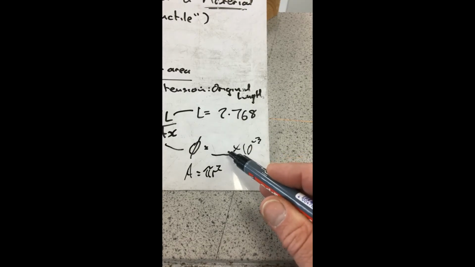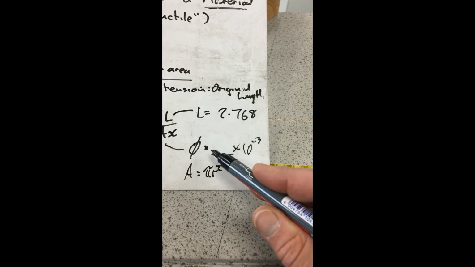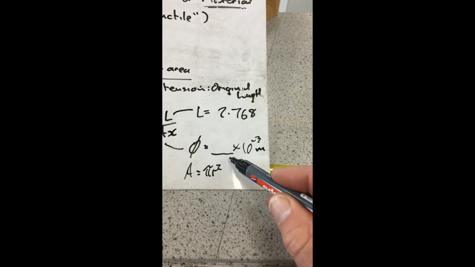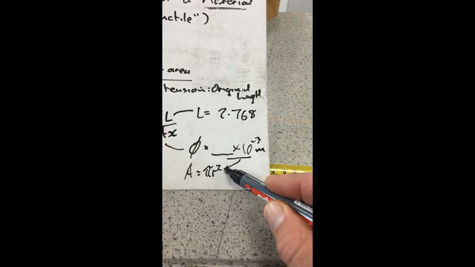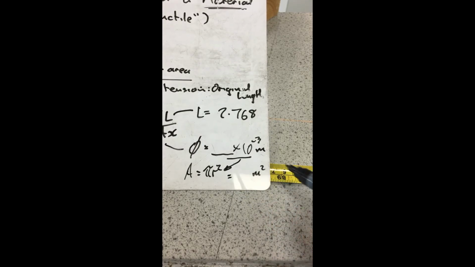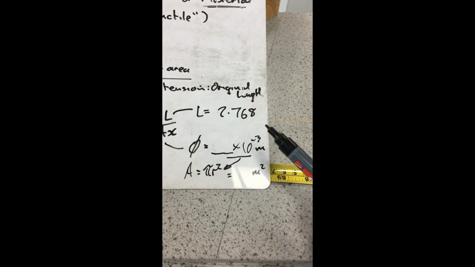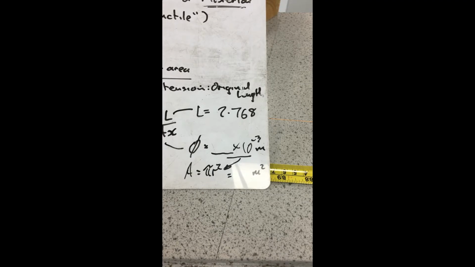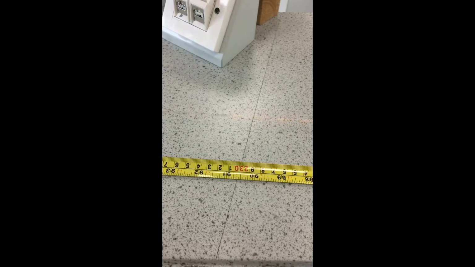So don't try and do it in millimeters and then work it out afterwards. Actually put it into meters first, and then put all of that value into that bit there to find your area in meters squared. Much easier than trying to do the hard maths and trying to guess where the decimal place should go. Okay, so put it into meters, then do the maths with it. And you should end up with something around about 10 to the minus 7, 10 to the minus 8 meters squared.